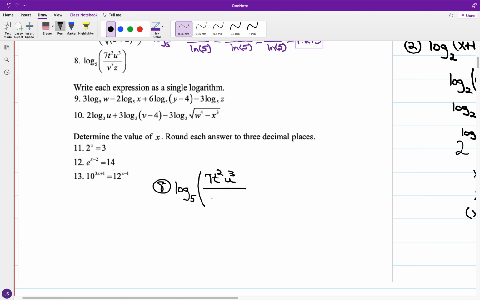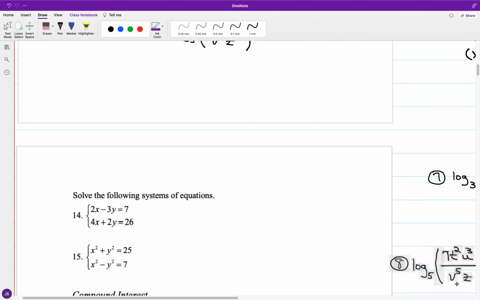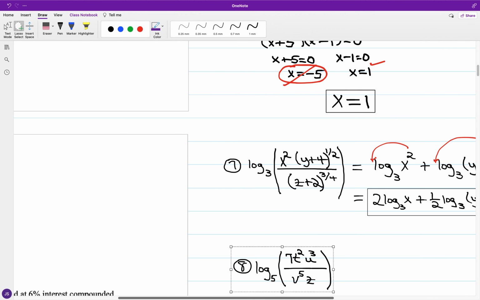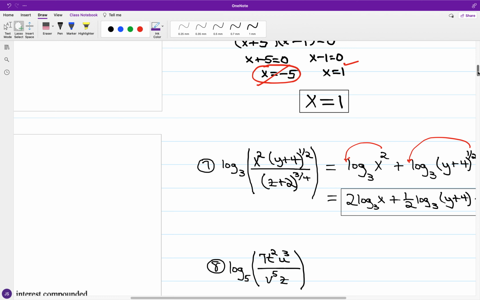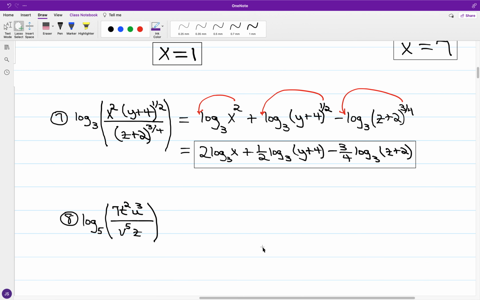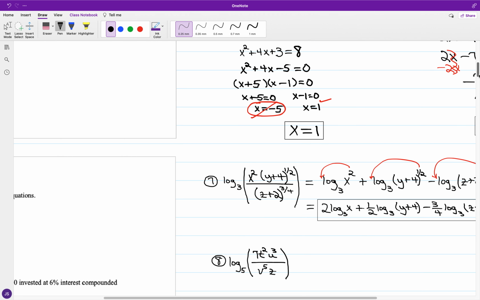In the denominator we have v to the 5th times z. And looking at taking what we have in this assortment and writing as sums and differences of logarithms, and having the terms where the exponents are converted into coefficients and anything else still in exact form.